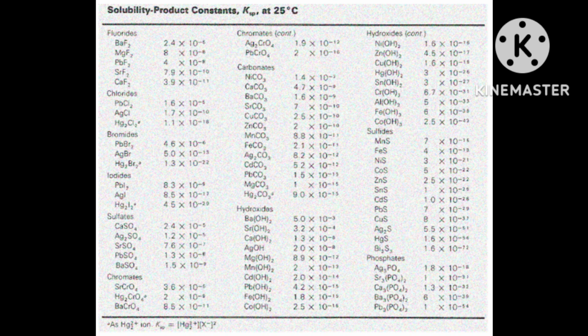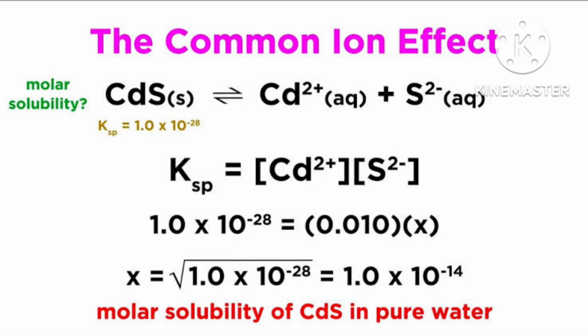Its solubility will be less, it is a sparingly soluble salt. Then with this value in comparison to 0.1, the 2s value is very less, hence you can neglect it. Then this 0.10 plus 2s, you can write only 0.10, as 2s you have neglected.